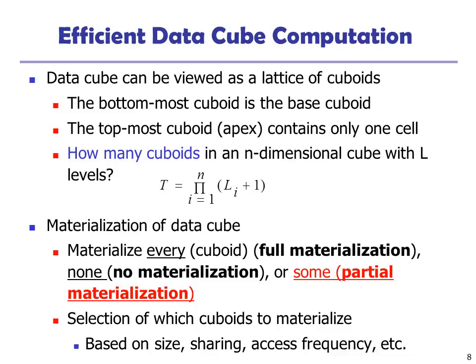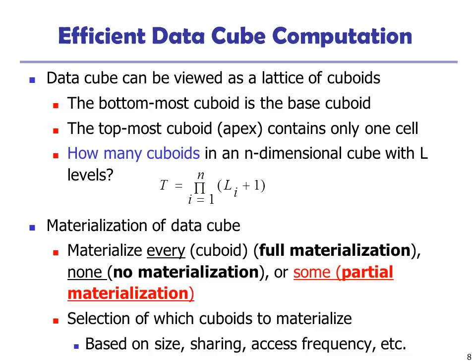So that is called materialization of the data cube. Materializing every possible cuboid in your cube is called full materialization. If you do not materialize any of those smaller cuboids, then it's called no materialization.